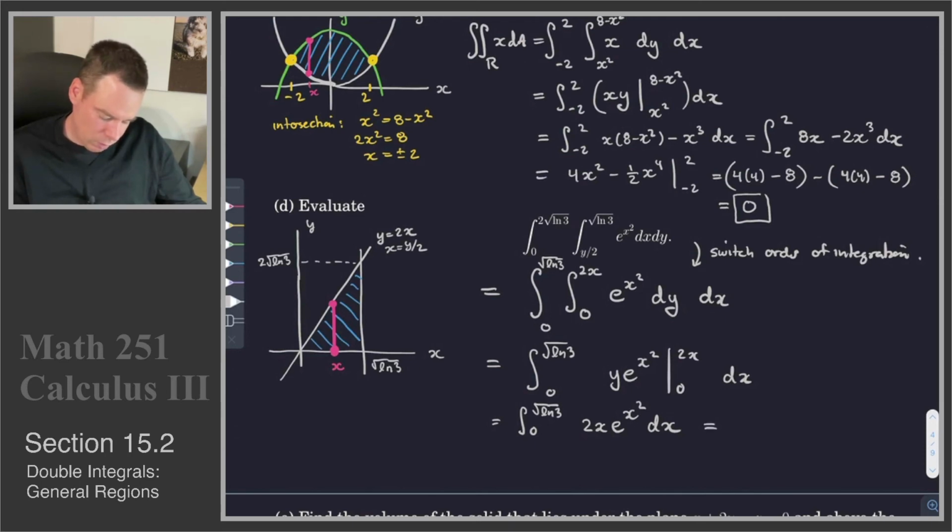Now the antiderivative of this is e to the x squared, from 0 to root ln of 3. And so that becomes e to the ln of 3 minus e to the 0, which is 1, or 3 minus 1, which is 2.